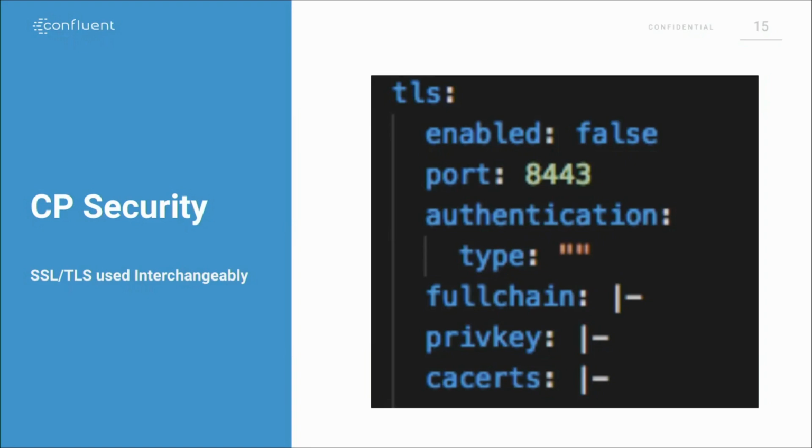On the trust side, anything we add on the CSRs, which are in PEM format, is translated to PKCS12 format, then injected into the container, and used by the applications. Then full chain and private key. The private key is the server key, and full chain means you can have an intermediate certificate, a root CA, and a server certificate. You can just add that there.